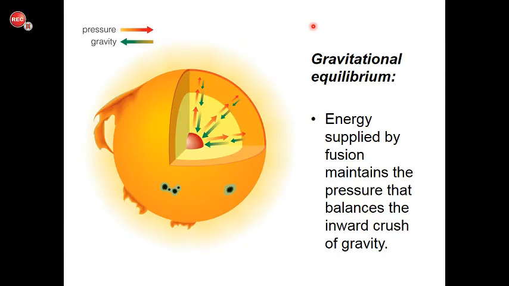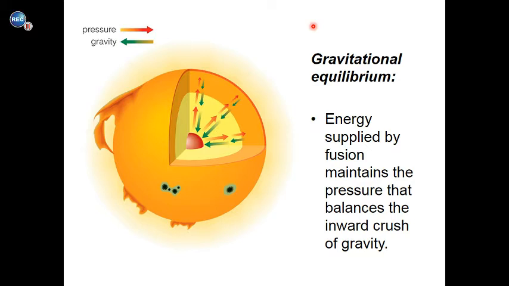The key sort of thing going on in the sun that leaves the sun as it is and steadily working is what's called gravitational equilibrium. And the idea is that without something to press outwards, the sun would contract. Gravity would pull it together. That doesn't happen for things like the Earth because eventually chemical bonds in the material will hold up and stop the compression.